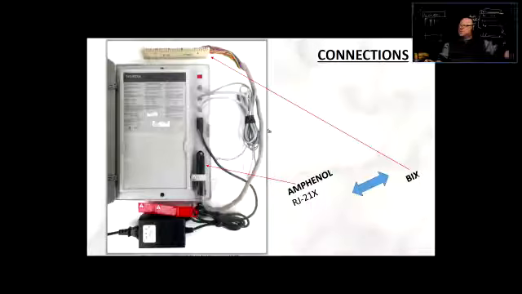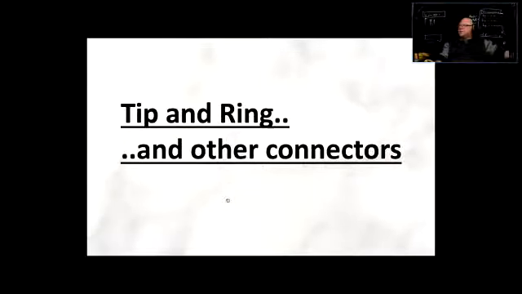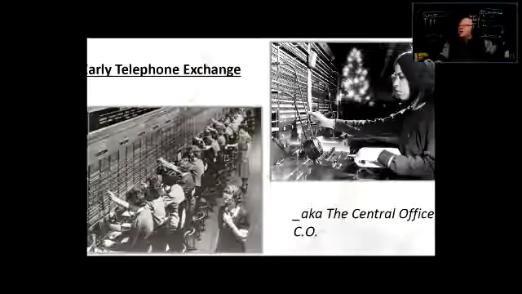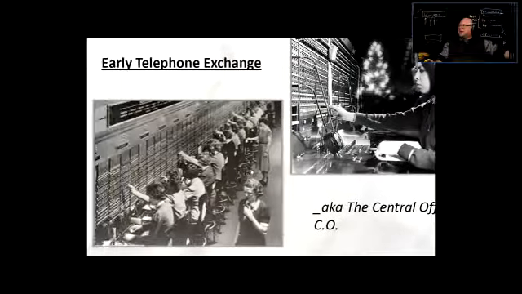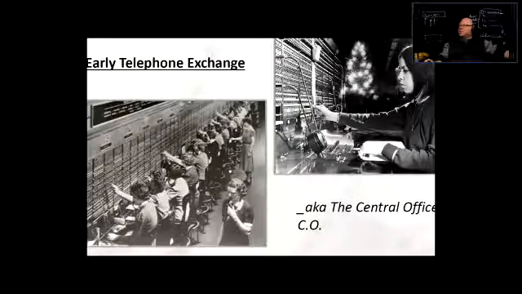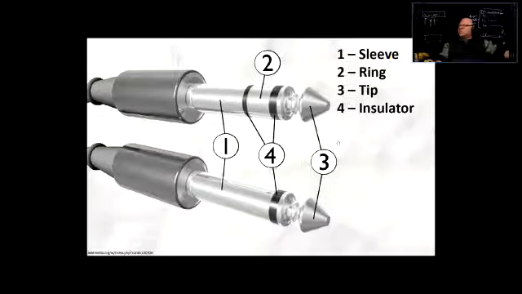So we always need tools to do things. We already talked about this slide here. Tip and ring, we talked about that. This is how the early telephone exchange looked. It used to be human operated. Tip, ring and sleeve.